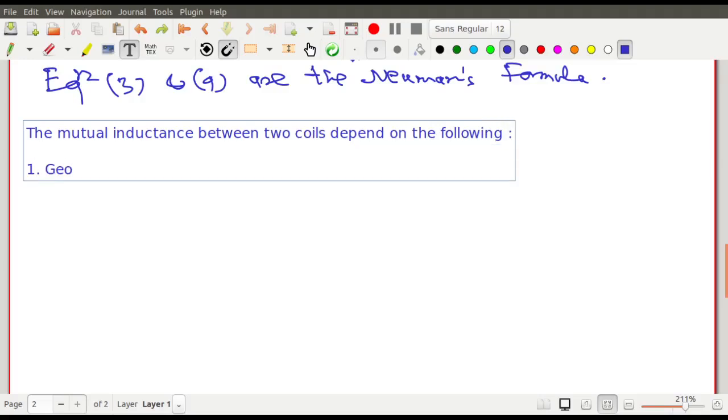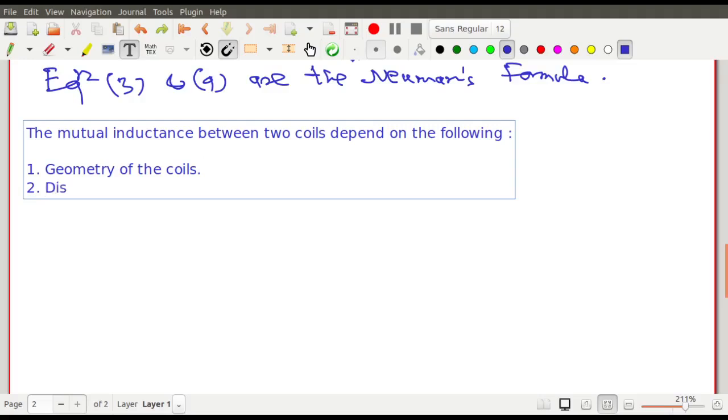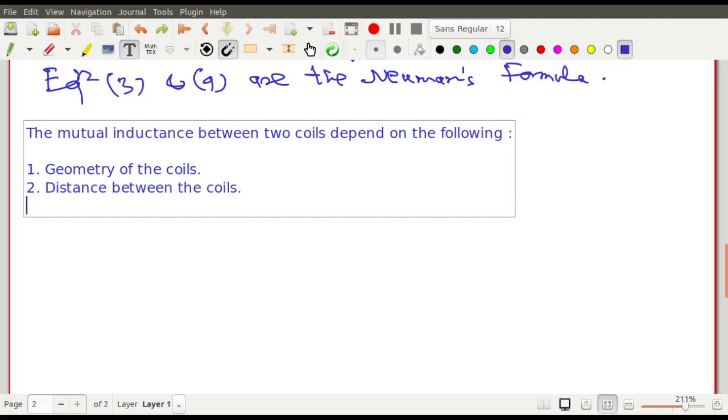The geometry of the coils. It depends upon the geometry of the coils. Number 2, distance between the two coils, distance between the coils. And thirdly it depends upon orientation between the two coils, right?